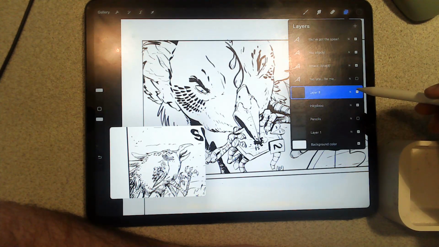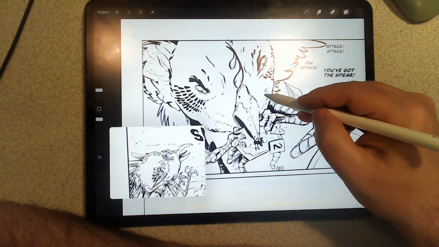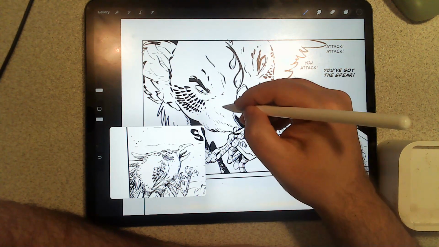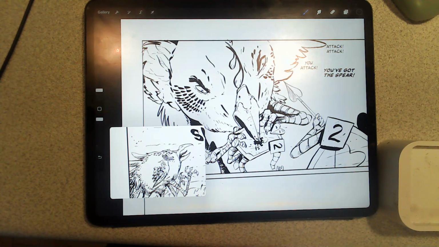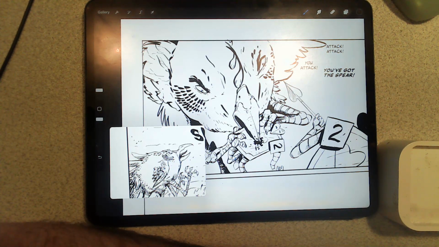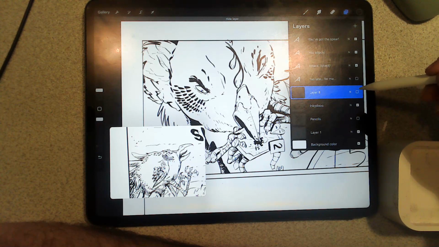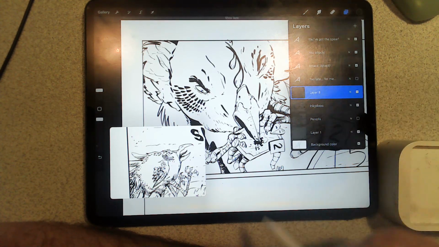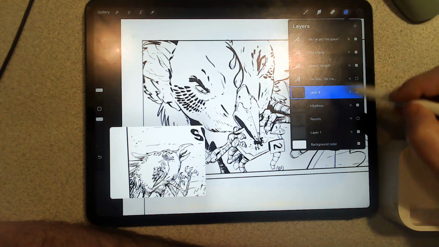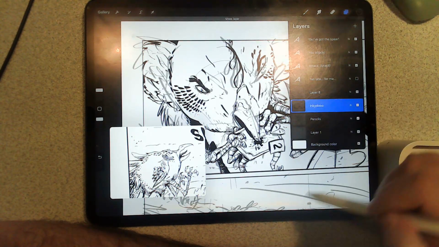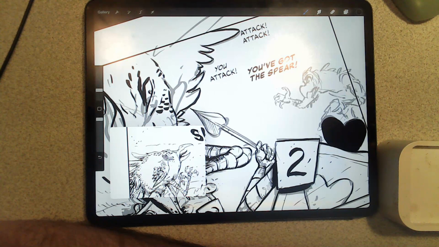I kind of want to put in an action line here, like that, but I know it'll mess it up, so maybe if I put it like that, something like that. That'll work. I put it on its own layer, so if I have to, I can just erase it, but let's leave it on there for right now. Get back to the ink layer. Let's get to the Brillig figure, which is the other figure off to the right.